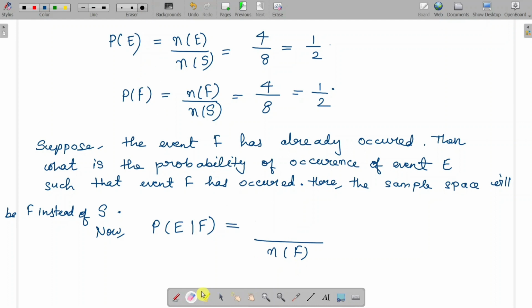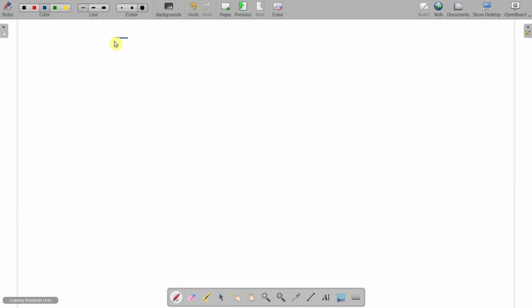So now we have to also take the elements which are common to both E and F, because we are not taking elements which are common to E and sample space. Okay, we are taking elements which are common to E and the new sample space, which is F. So here the number of elements of F should not be equal to 0, otherwise we won't get the denominator here.